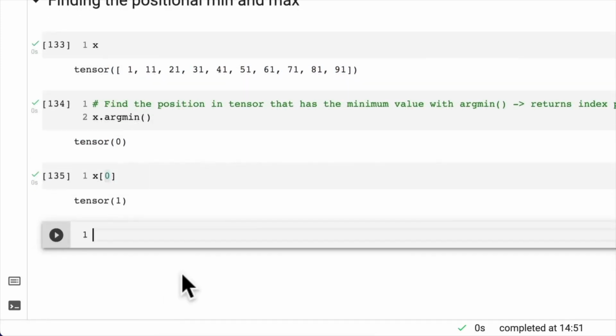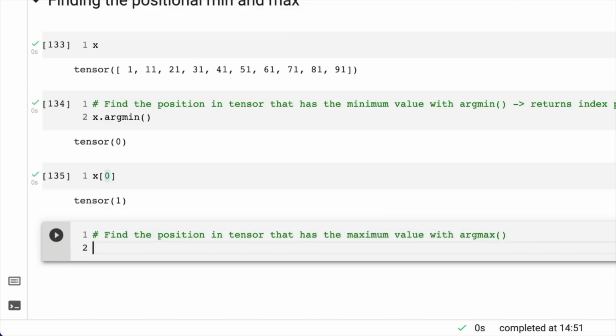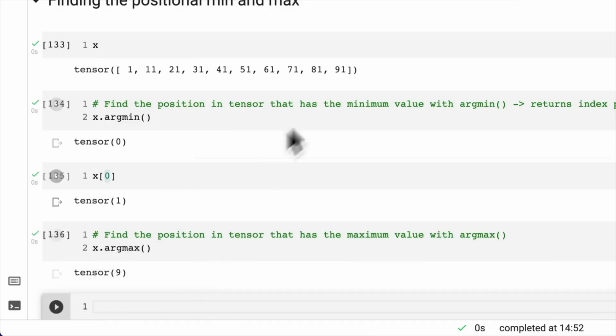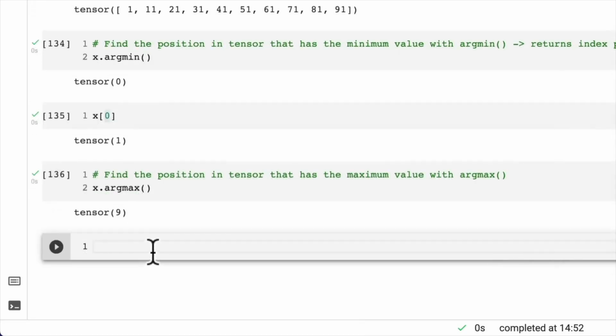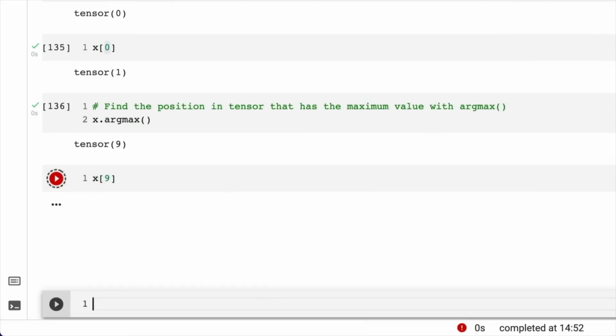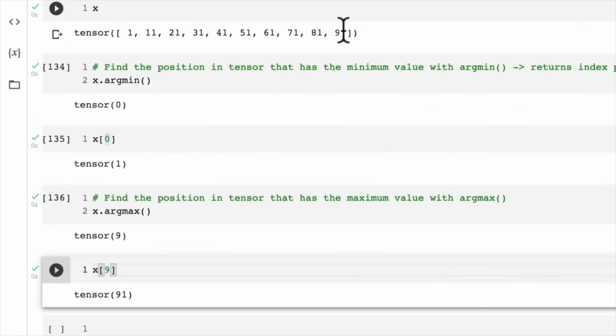And then the maximum, you might guess, is find the position in tensor that has the maximum value with argmax. It's going to be the same thing, except it'll be the maximum, which is which position? Index 9. So if we go 0, 1, 2, 3, 4, 5, 6, 7, 8, 9, and then index on x for the 9th element, we get 91.